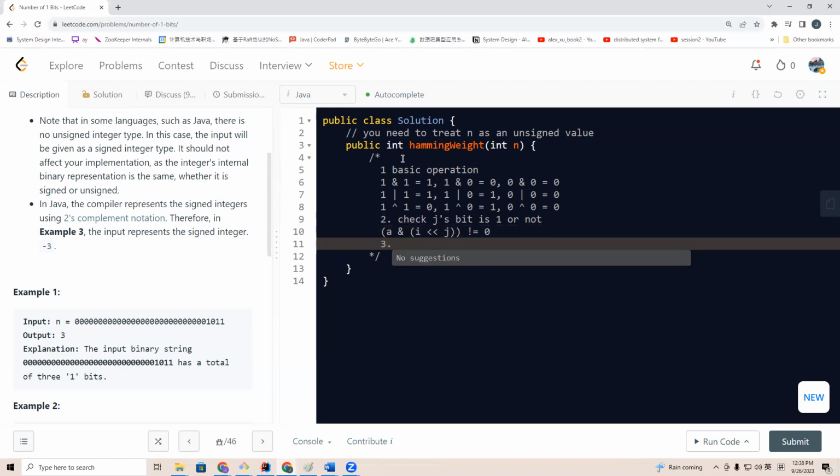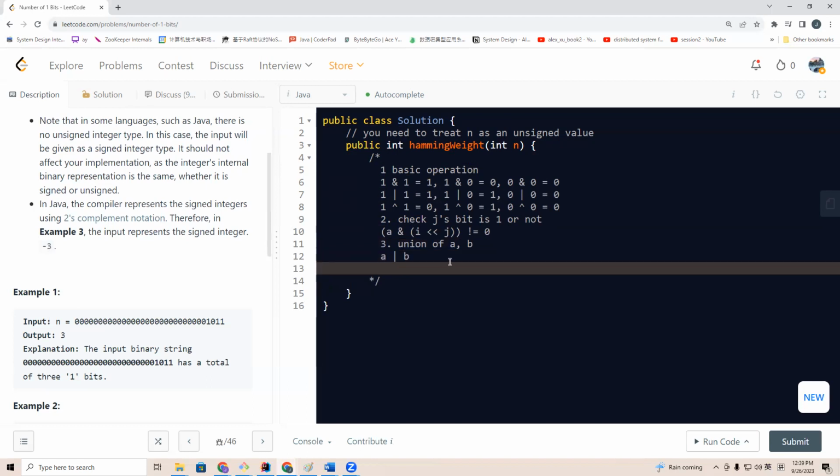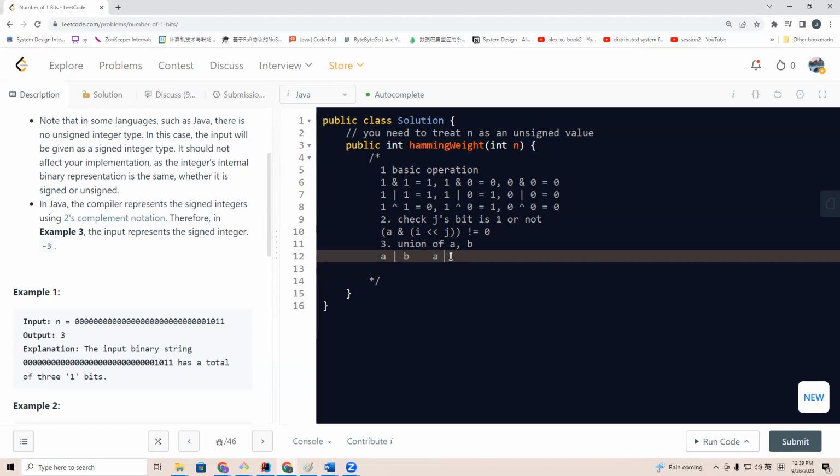Third, we want to review that the union of A and B is actually A OR B. What does that mean? For example, we have A as 1010, and B as 0101.